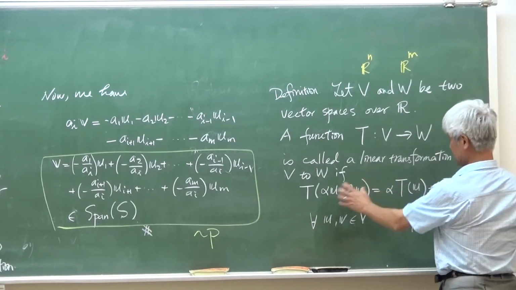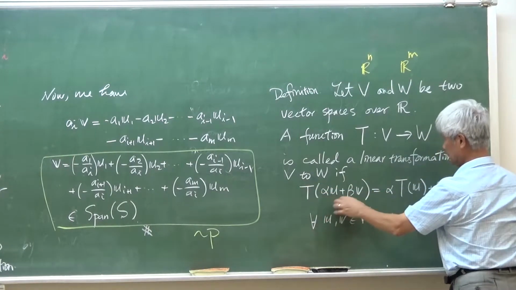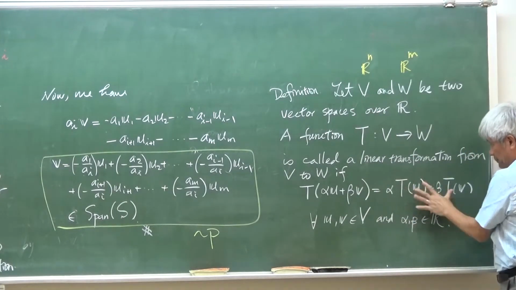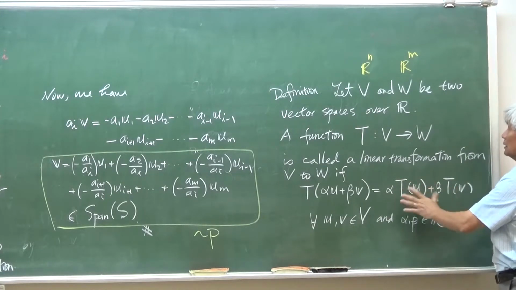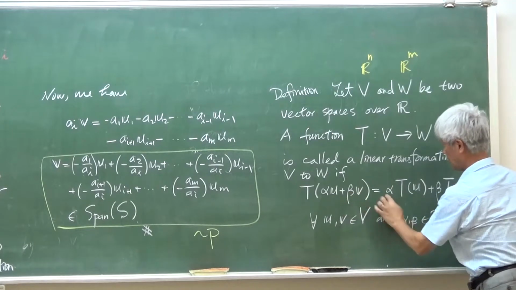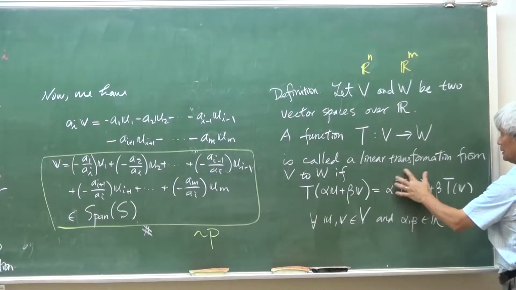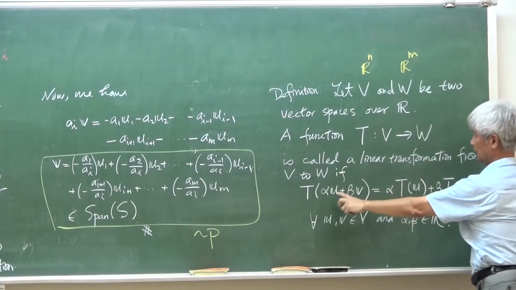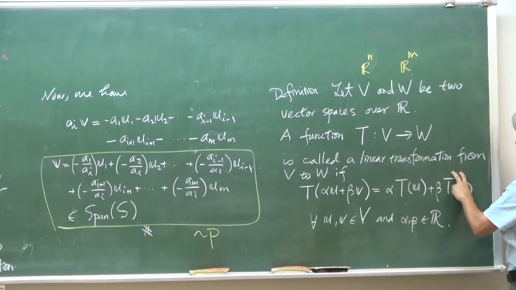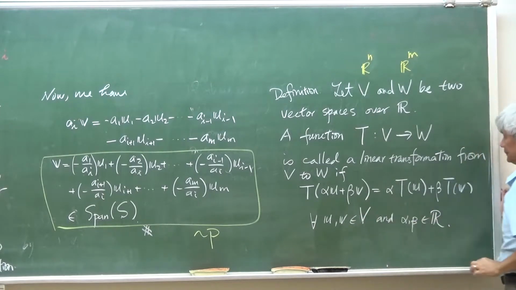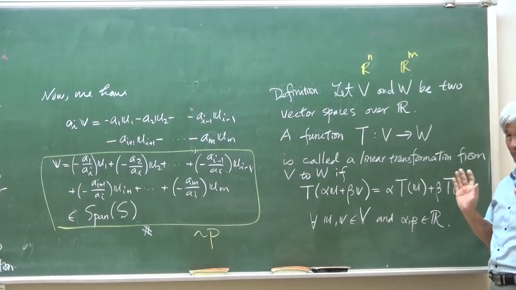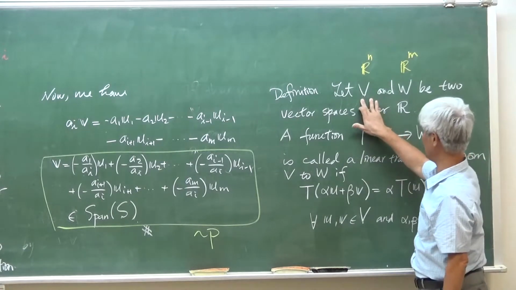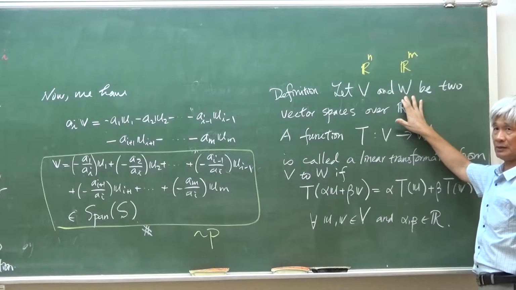It just says that this function will map a linear combination of two vectors in the domain into a similar linear combination in the codomain, and the coefficients remain the same, but in the codomain we use the image of the vector U and the image of the vector V. So basically you have the same property, but now we extend to any function from a vector space into a vector space.